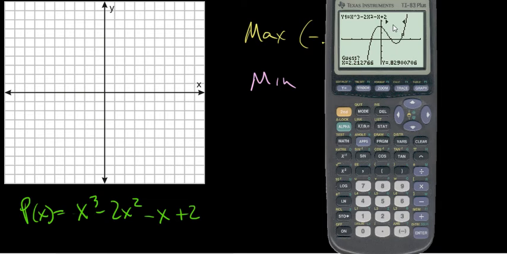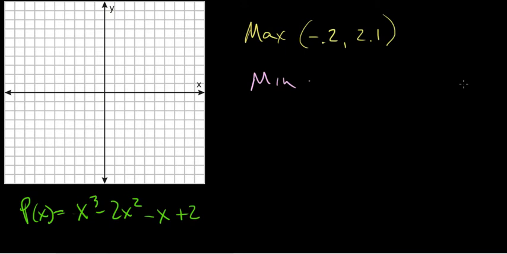It looks in between these two arrows, and enter. 1.5 and negative 0.6. So the minimum is at 1.5 and negative 0.6. This is the x, and this is the y value.